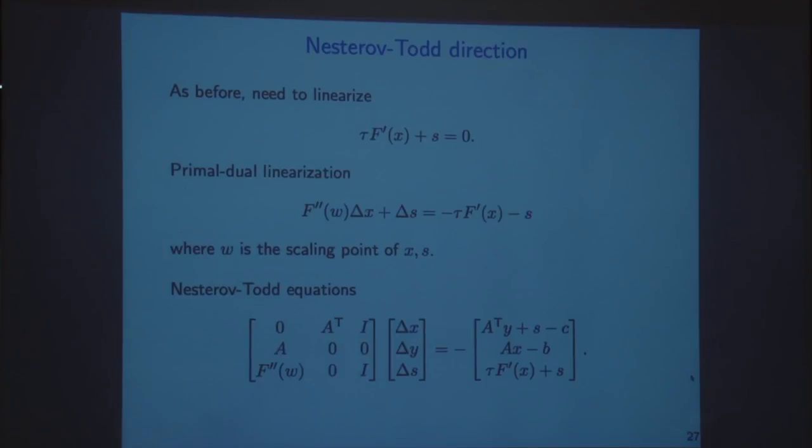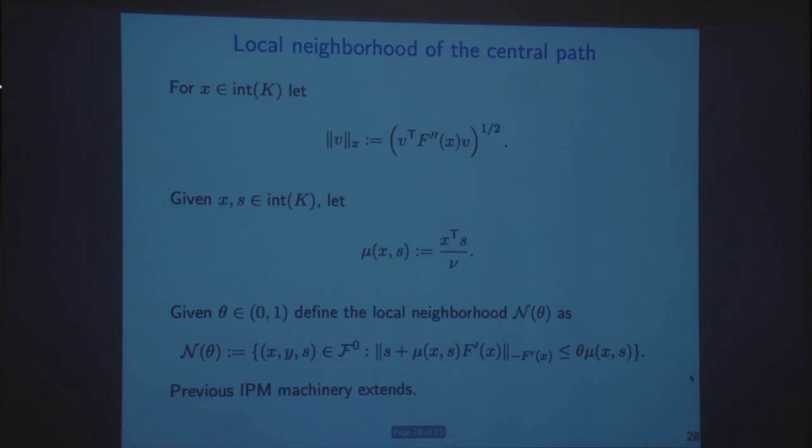You have a Newton, a Nesterov-Todd direction, and then you have neighborhoods of the central path, and all of the previous machinery extends. Of course there are technicalities, but the main takeaway is that all of the machinery of interior point methods for linear and semi-definite programming extends to these self-scaled cones.